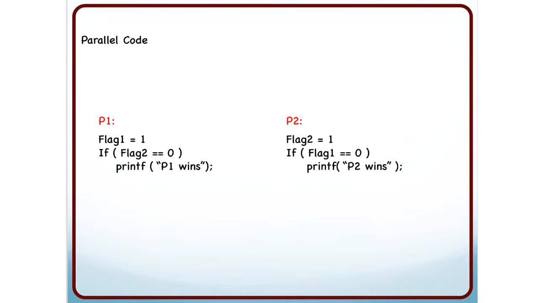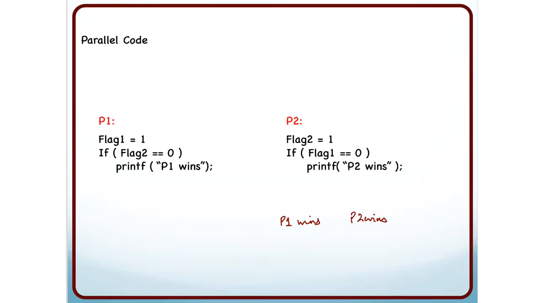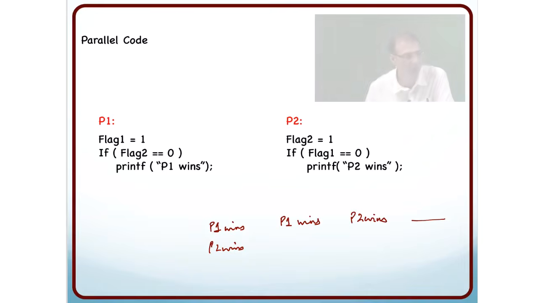Either P1 wins, this is one possible outcome. Another possible outcome is P2 wins. Any other outcome that's possible? One other possible outcome is no output at all. And is this a possible output: P1 wins, P2 wins, both of them getting printed?